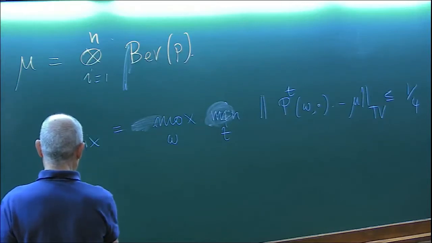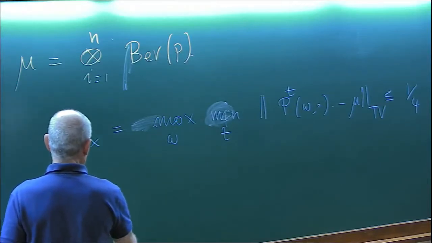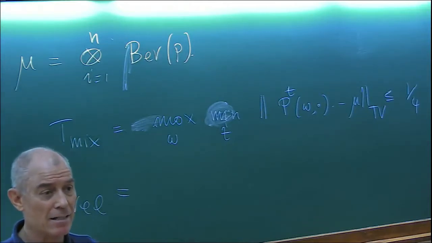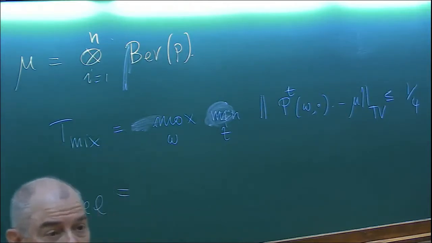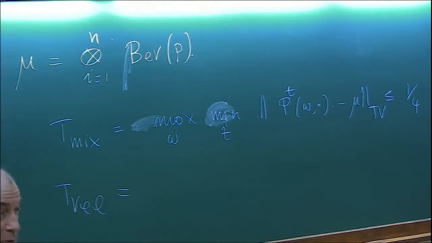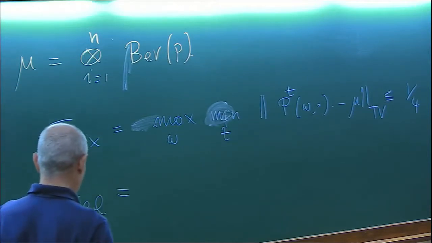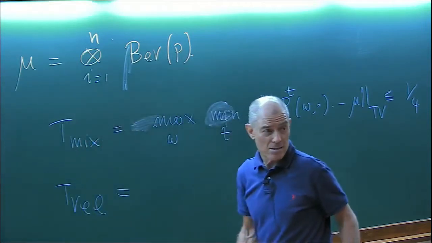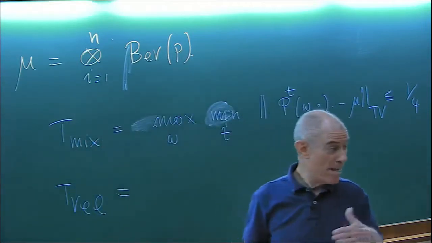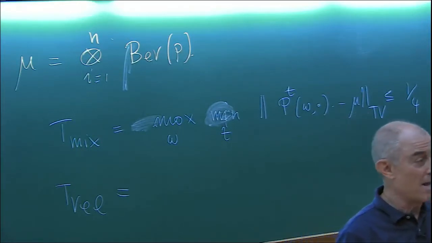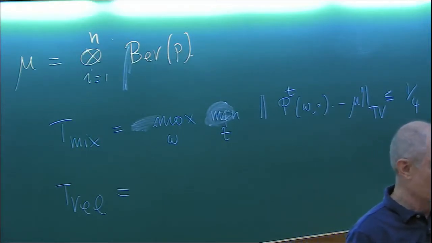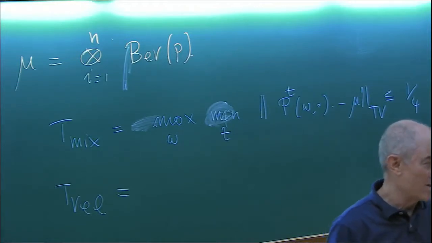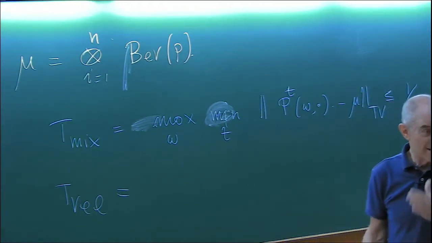There is another interesting time scale, which will be more relevant for the models I want to discuss, and this is the relaxation time. The transition matrix has real eigenvalues that are in absolute value less than or equal to 1. There is one that is 1, and then there are the others.